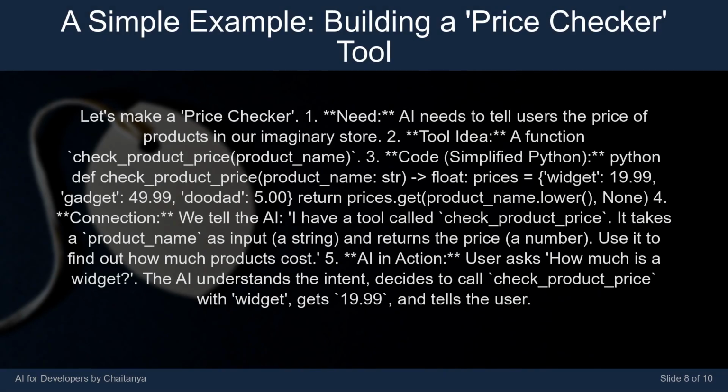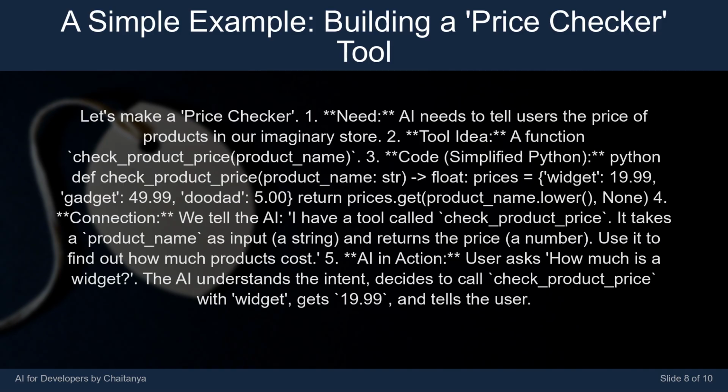Let's make a price checker. 1. Need. AI needs to tell users the price of products in our imaginary store. 2. Tool idea. A function check_product_price(product_name). 3. Code.